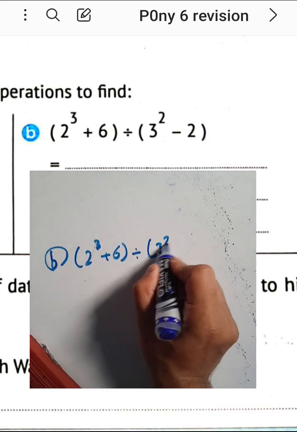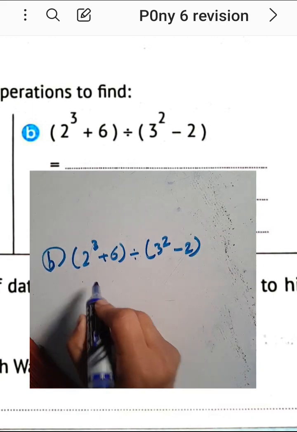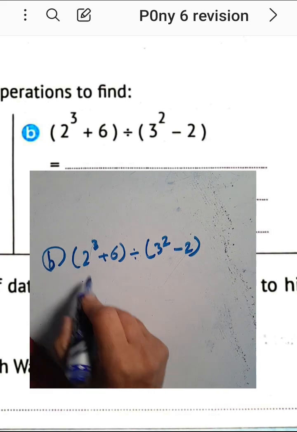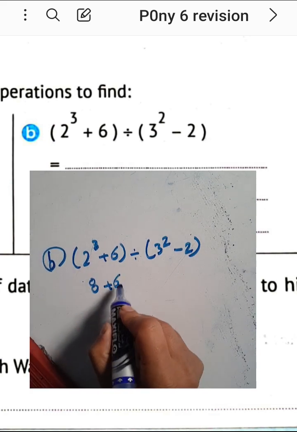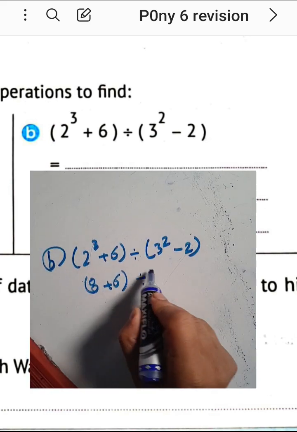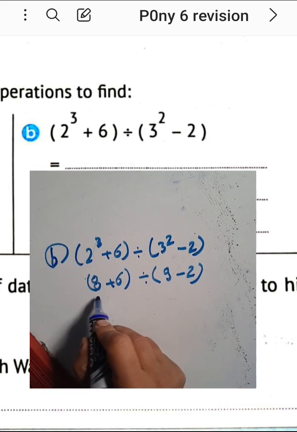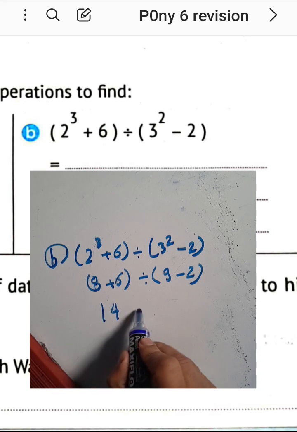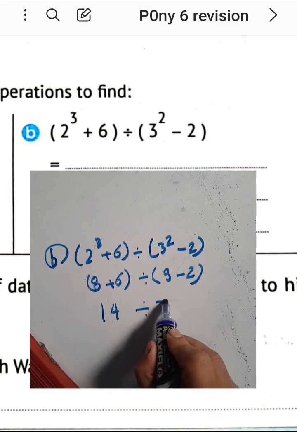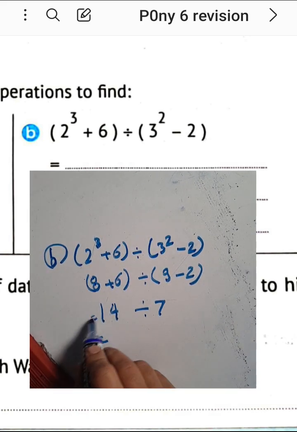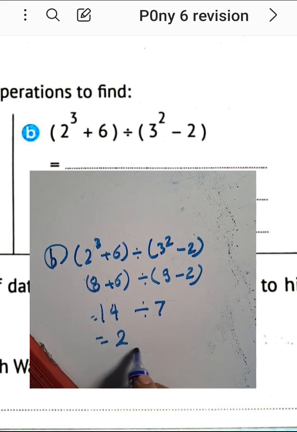First step, parentheses first, 2 power 3 equals 8. 8 plus 6 divided by 3 power 2 equals 9 minus 2. 8 plus 6 equals 14, divided by 9 minus 2 equals 7. 14 divided by 7 equals 2.